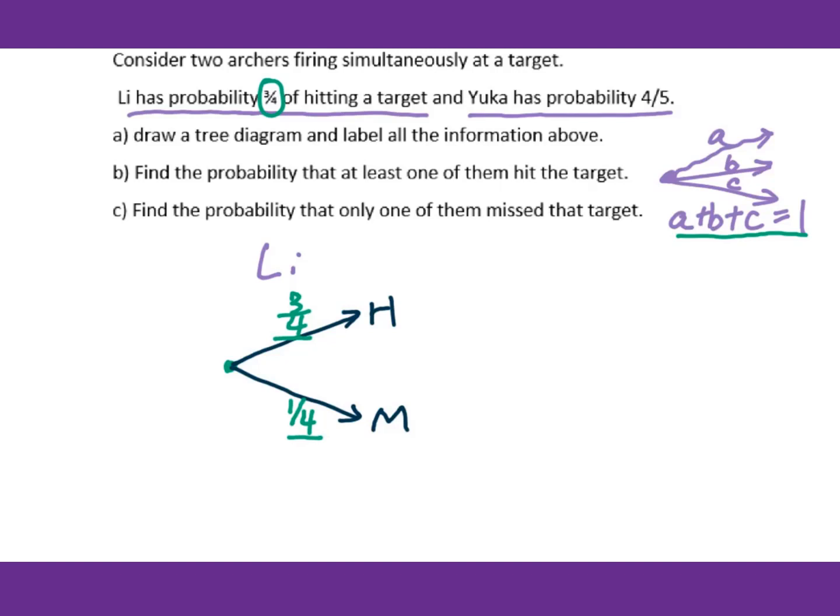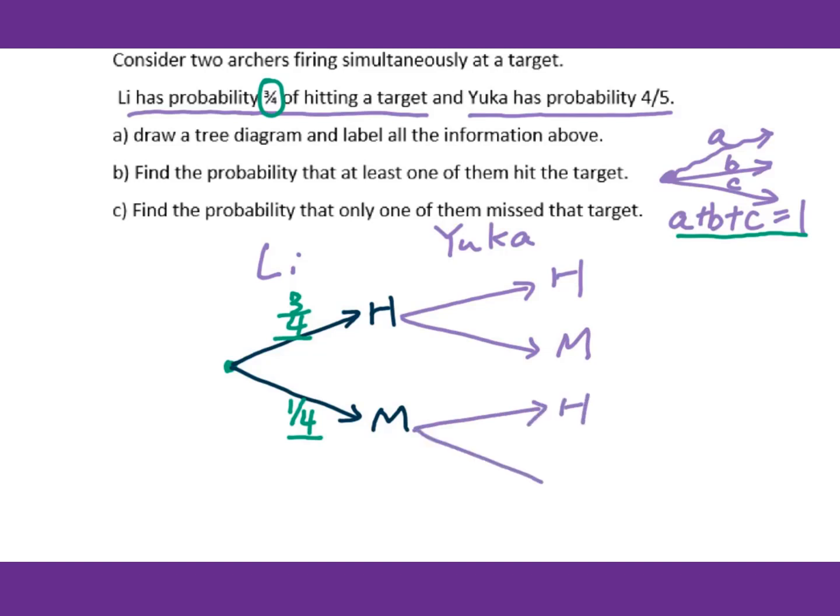After Lee fires at a target, Yuka will fire at the target. There are two results for Yuka. One is hitting. The other is missing.